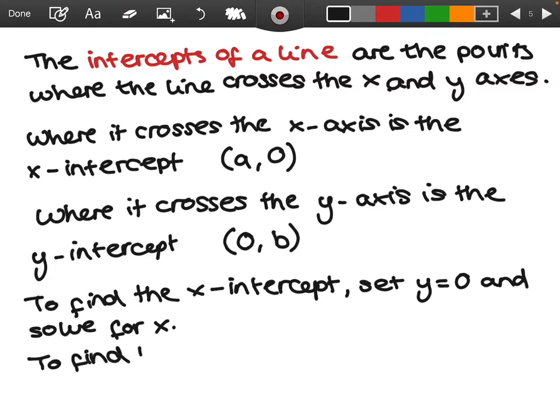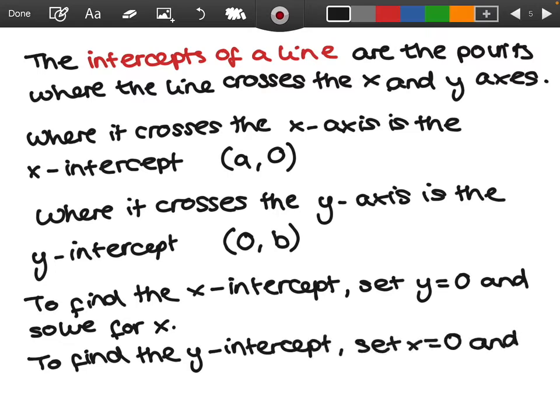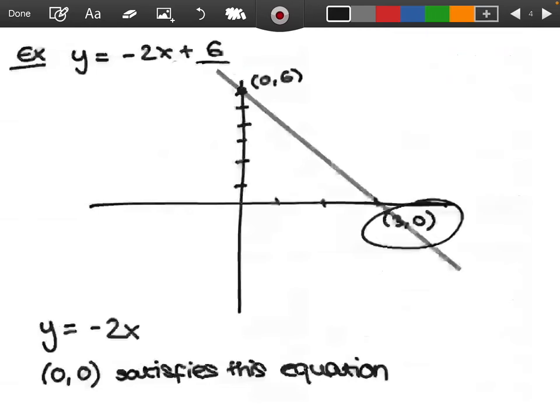To find the y-intercept, I'm going to set x equal to 0 and solve for y. Why do I do that? Exactly the same theory as I did for the x-intercept. For my y-intercept, I know that x is equal to 0, because I know it lies on the y-axis.